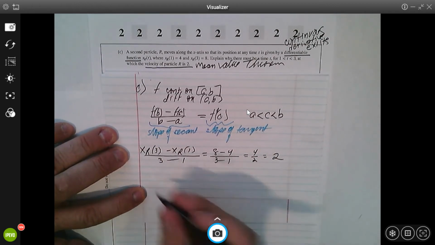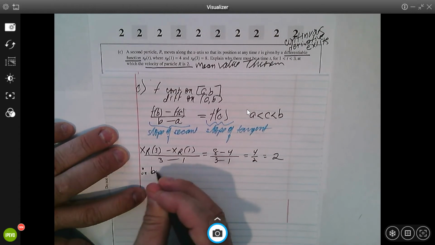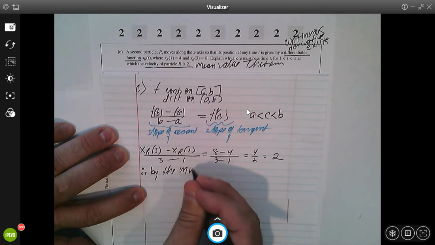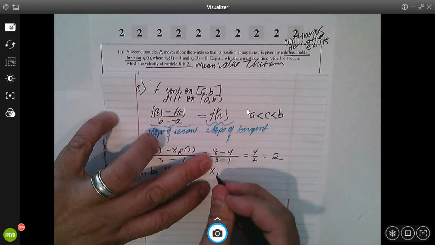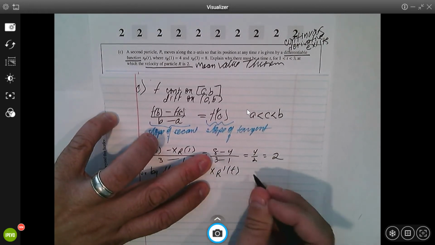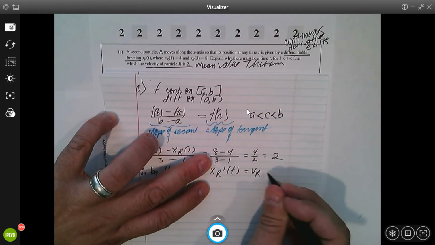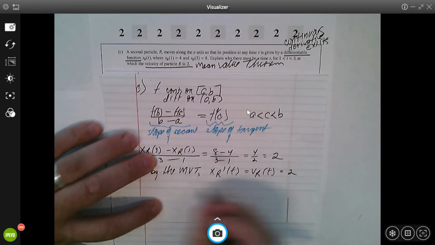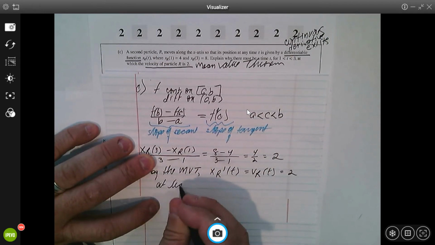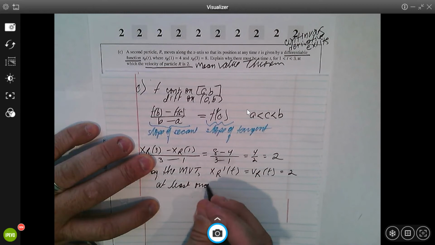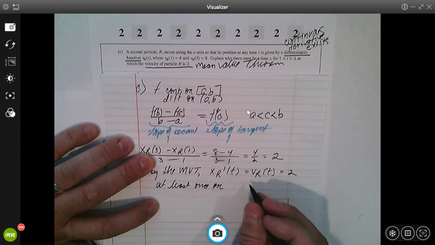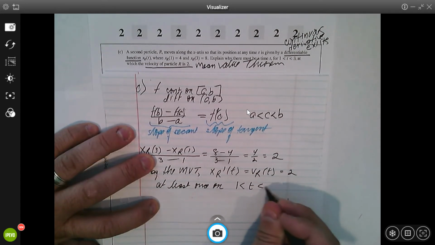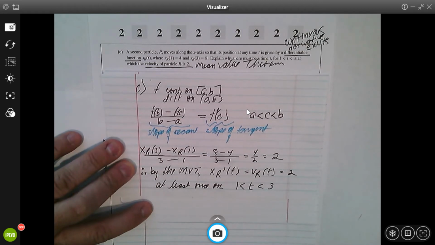According to the mean value theorem, therefore, by the MVT, x sub r prime of t, which we know is the velocity, has to be equal to 2 at least once on this open interval 1 less than t less than 3.